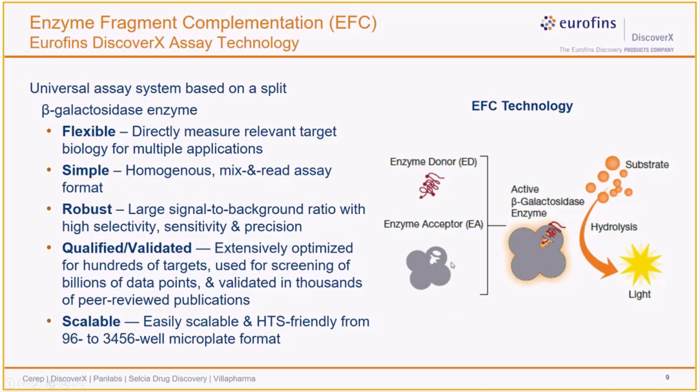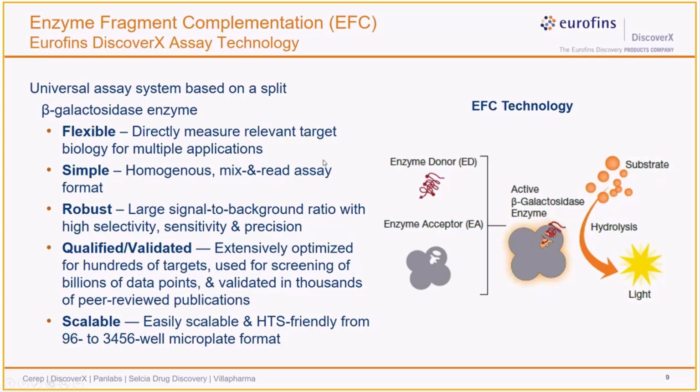The two fragments have no enzymatic activity when they are separated, but when they recombine or complement each other, by bringing them together through a protein-protein interaction or other related type of event, they form an active enzyme. That can hydrolyze the substrate and emit a chemiluminescent signal, which can be read on any standard luminometer.